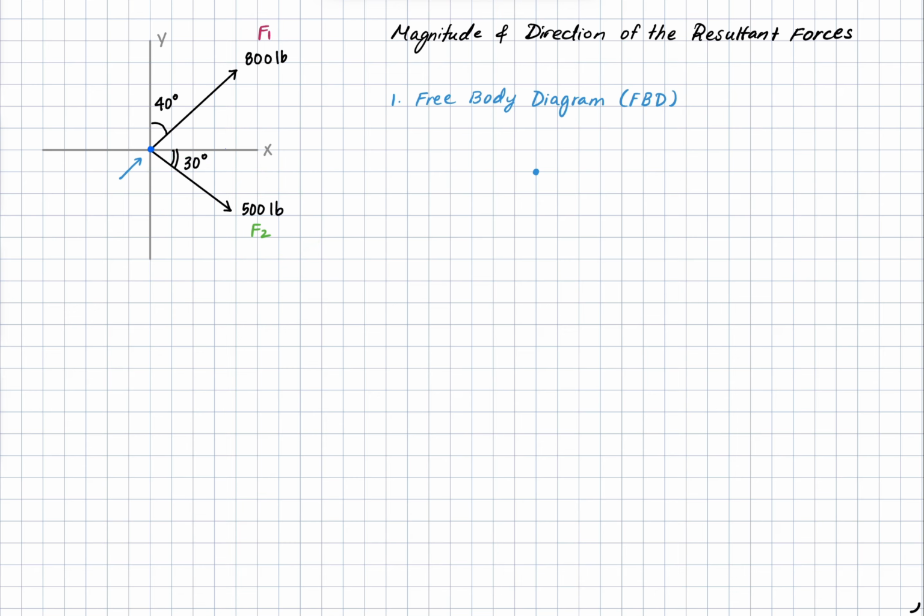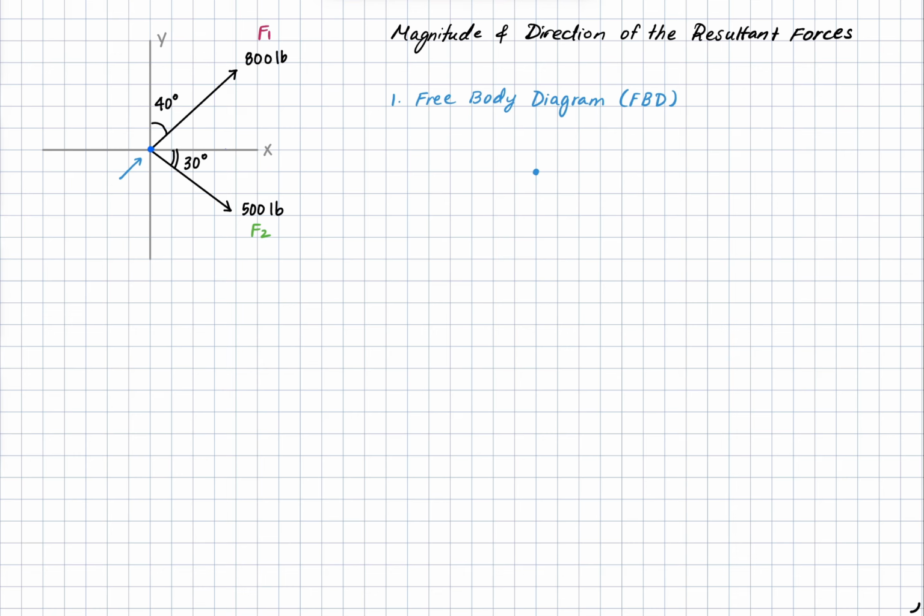It doesn't matter which one's force 1 and force 2, as long as you're consistent. But now that we have F1 over here, we know that the 800 pounds and the 40 degree angle relate to force 1.